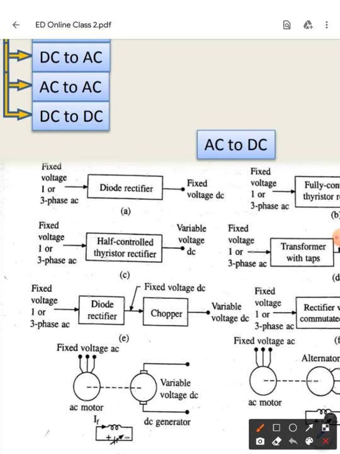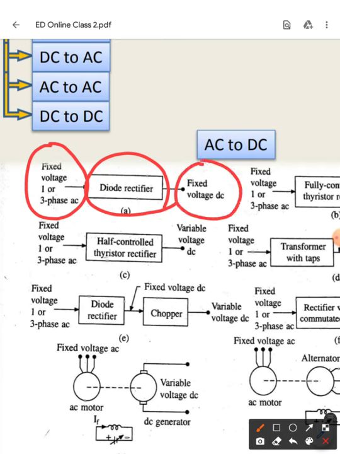So when a fixed voltage, single phase or three phase AC, is given, by using this diode rectifier we can convert that input AC voltage into fixed voltage of DC level, right? So we can change the input AC voltage into fixed DC voltage by using the diode rectifier.